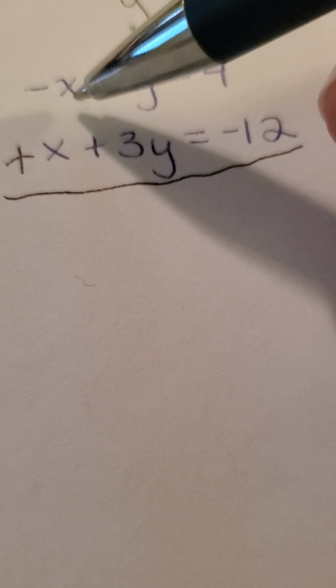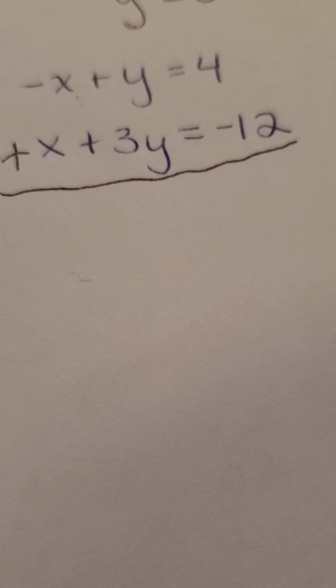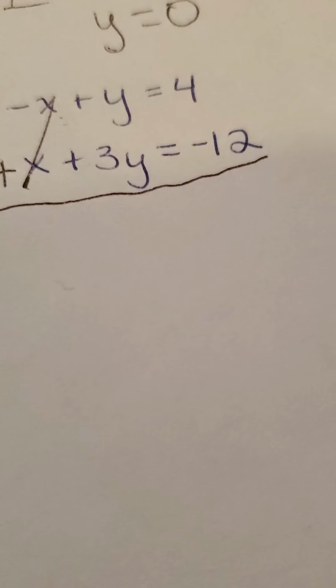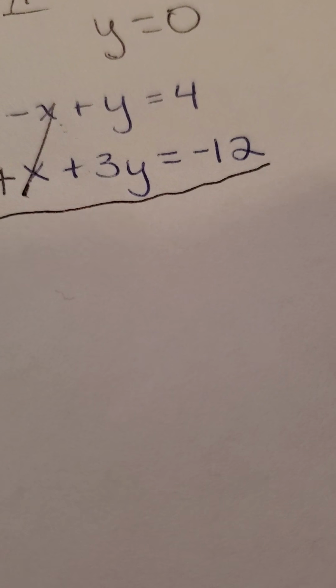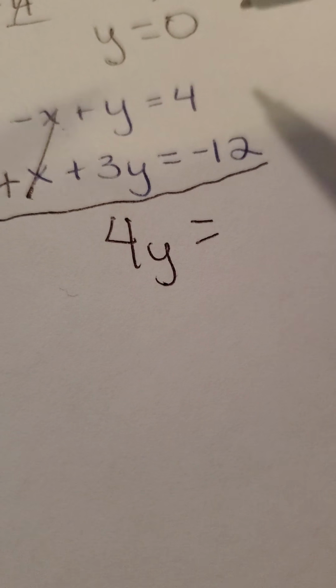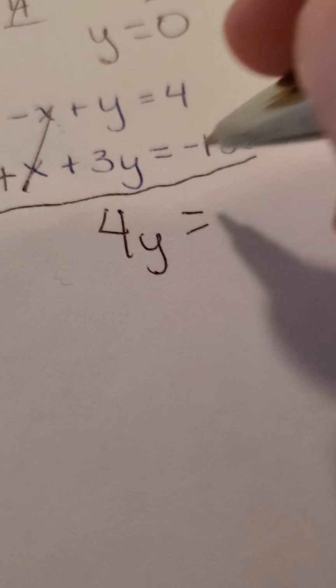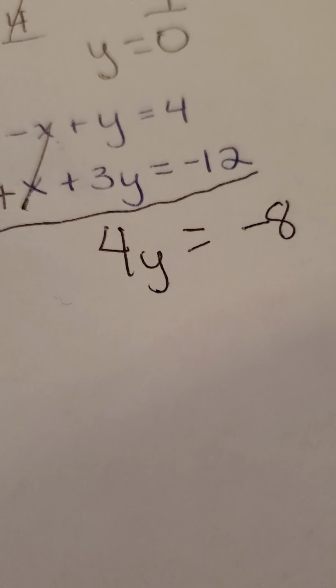This is a negative 1x and this is a positive 1x. So I can say, whenever I add, that cancels, or that eliminates. And 1y plus 3y equals 4y. And 4 plus a negative 12 is a negative 8.